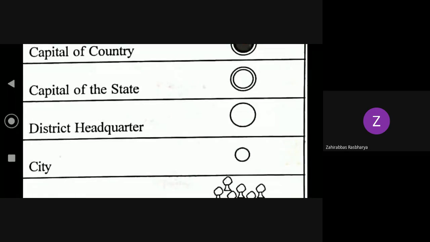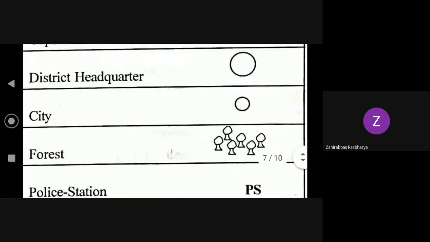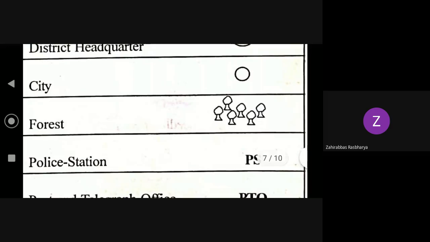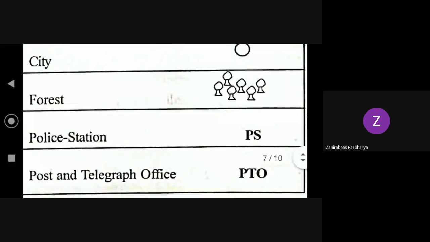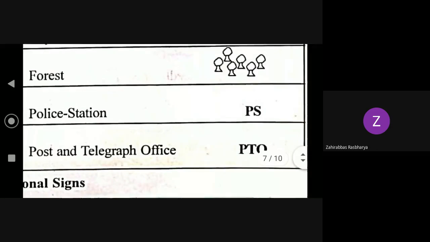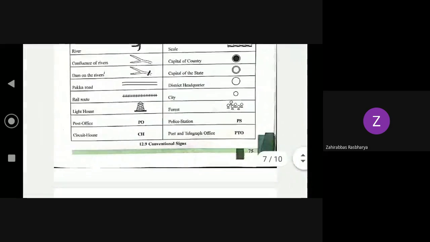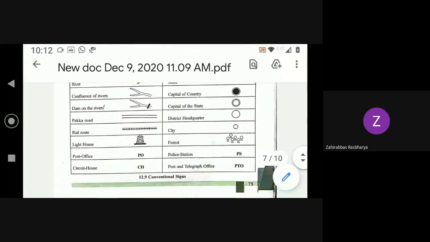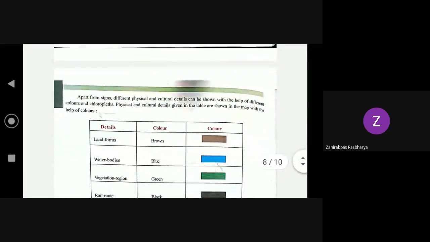District headquarter. City. Then forest. Police station, PS. Post and telegraph, PTO. Understood? These are what? They are conventional signs.